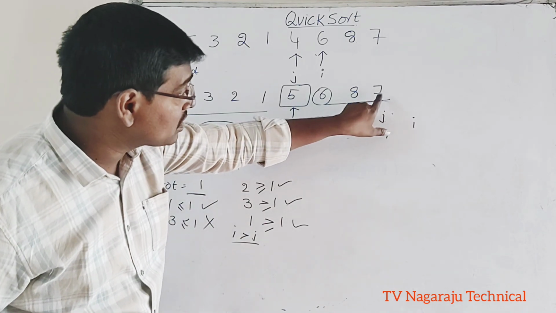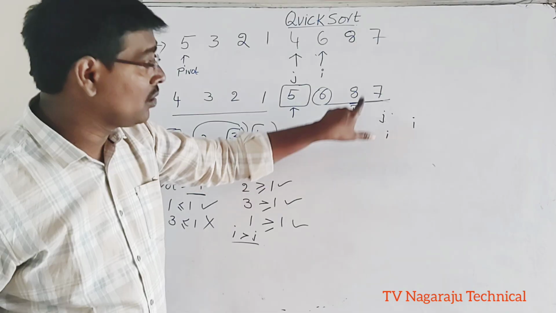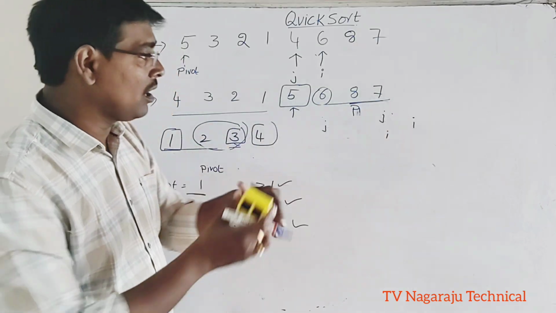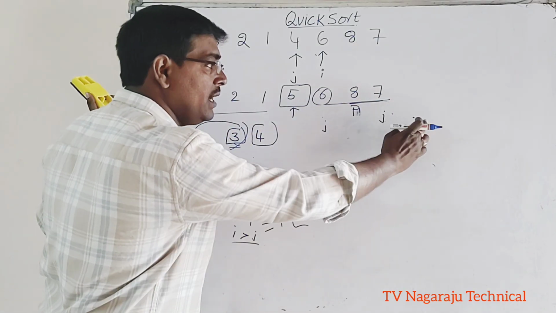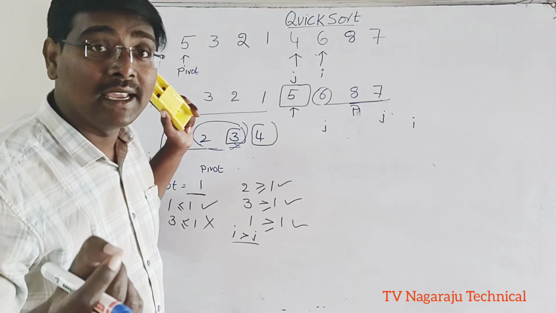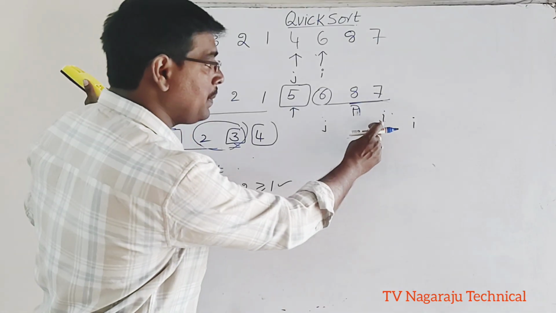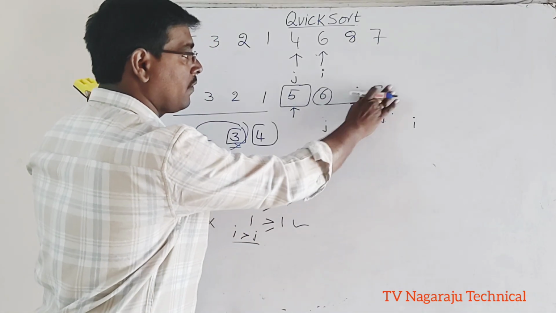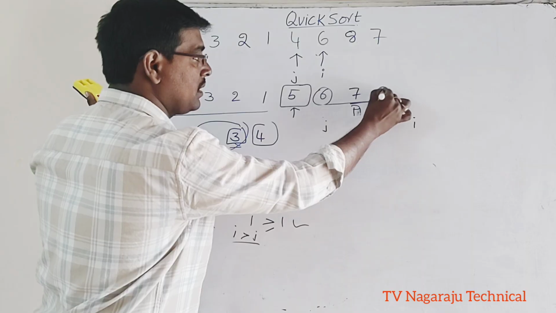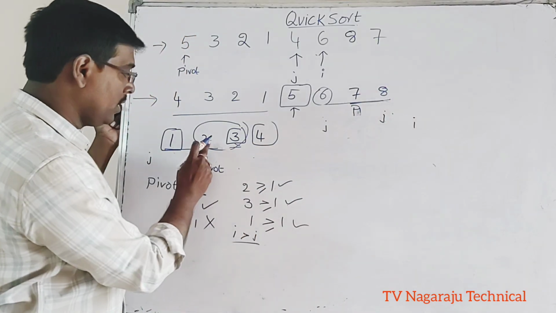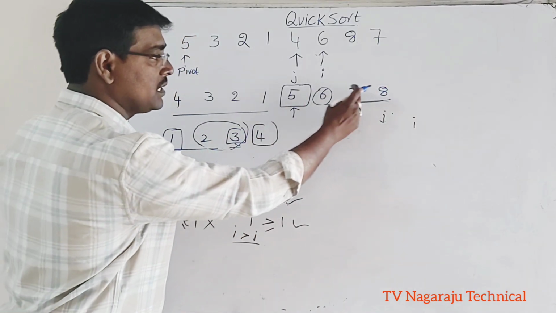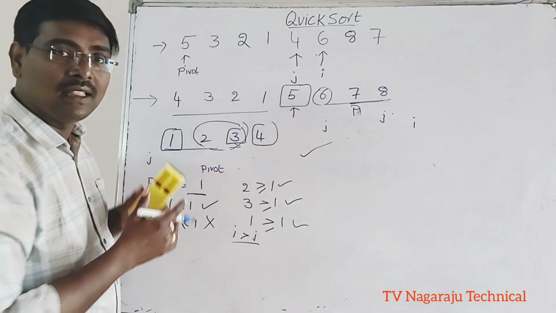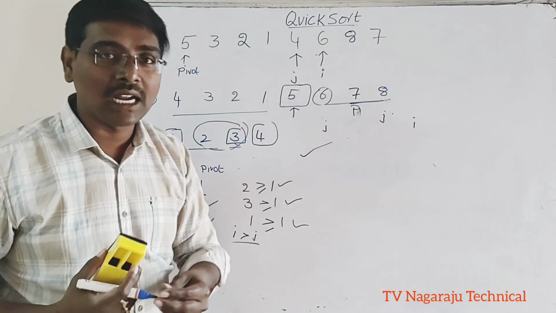Anyway, I crosses. I greater than j. Swap the A of j value with the pivot value. So if you swap this, now you have observed 1, 2, 3, 4, 5, 6, 7, 8. Finally the list is in sorted order.